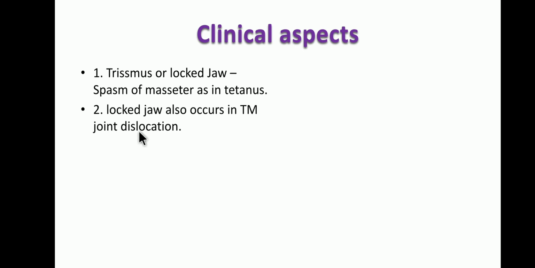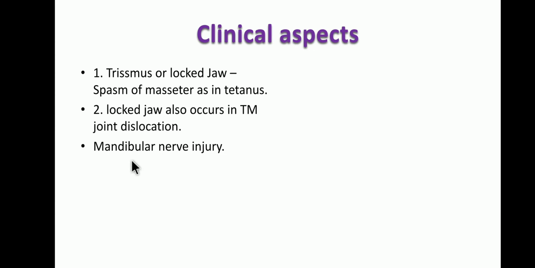If you open your mouth too much, especially while yawning, the head of the mandible might get dislocated and move below and anterior to the articular tubercle. Even then, the masseter might undergo spasm and you won't be able to elevate the mandible or close your mouth. So again, locked jaw occurs.